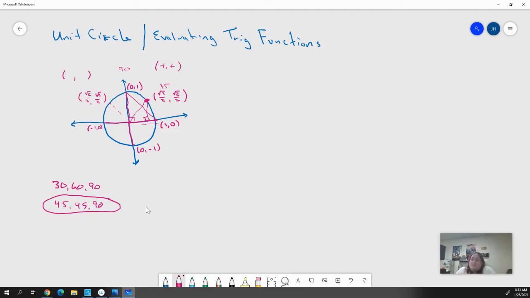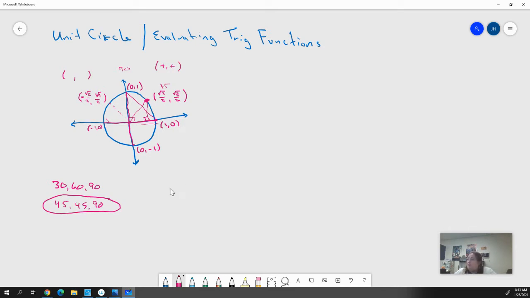Think about your signs. Are my X's and Y's positive over on this side of the circle? Right, our X's would be negative. Everything X on this side of a coordinate plane would be negative, right? So you're going to have the same thing. The difference is your X value is going to be negative.